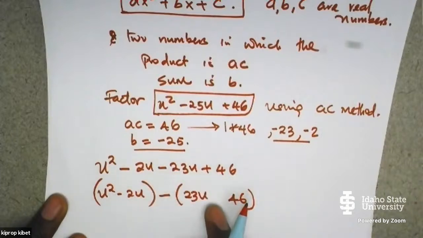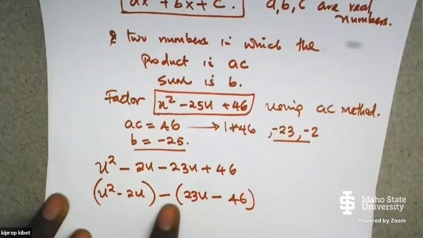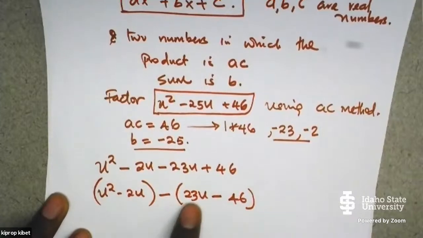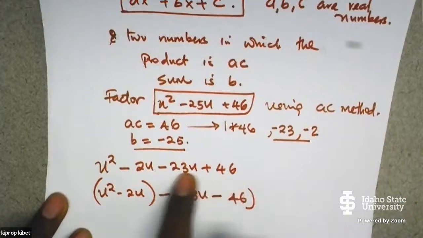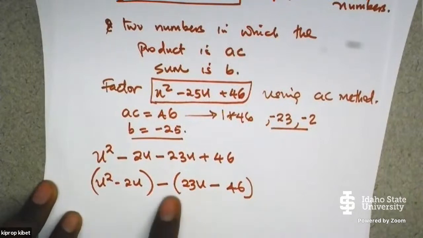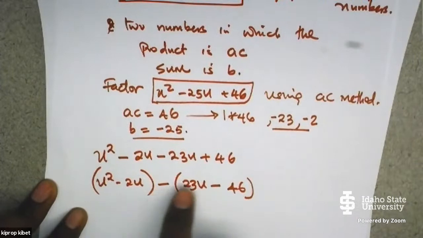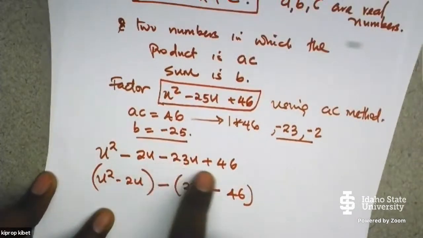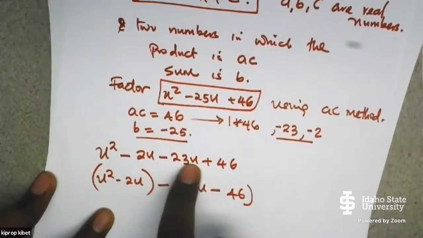Since we are grouping this, it is minus, right? Because when you open these brackets, it will be minus 23u plus 46, which is similar to this. Are we together? So we are trying to close that one in a bracket so that when you open that bracket, it will bring you back to this.